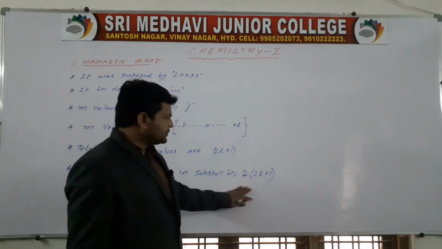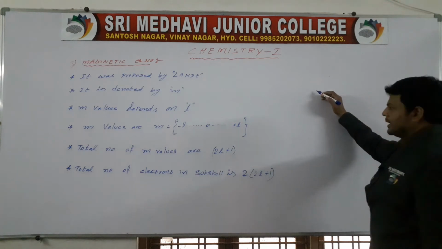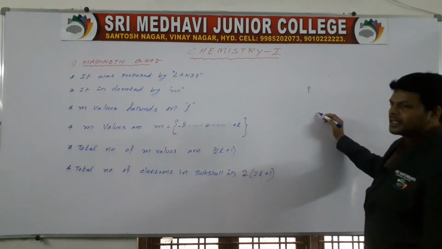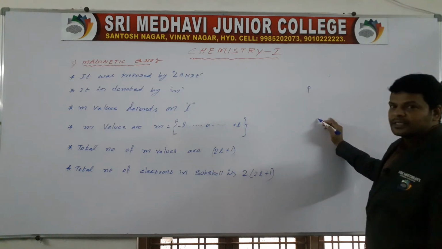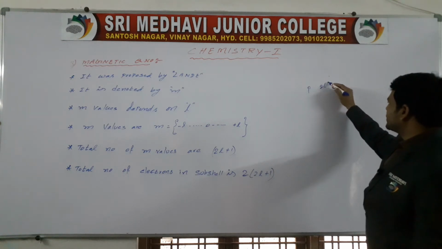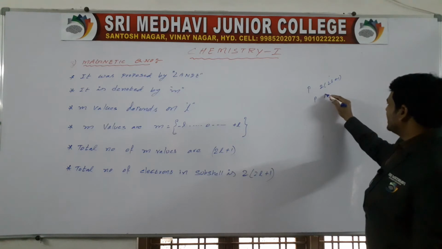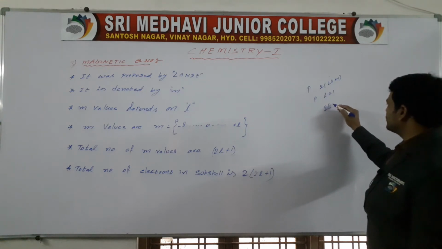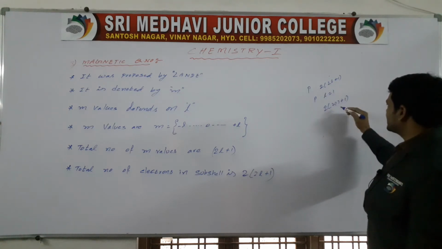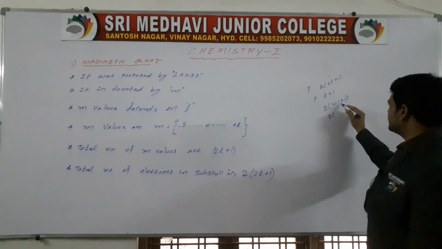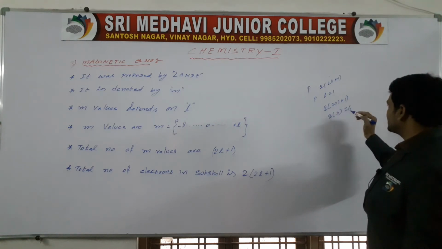For example, in the p subshell, how many electrons? 2 into 2L plus 1. For p, L is equal to 1, so 2 into 2 plus 1 is 2 into 3, which is 6.